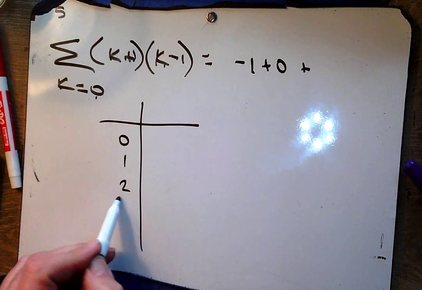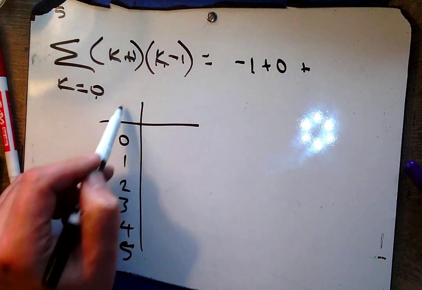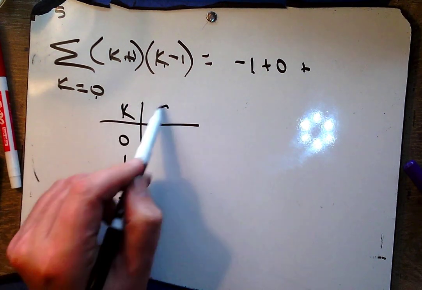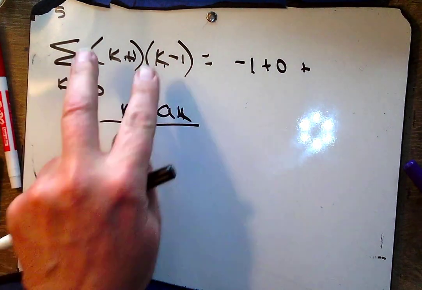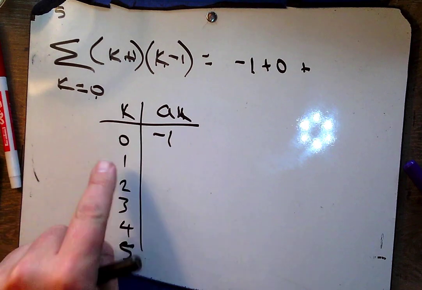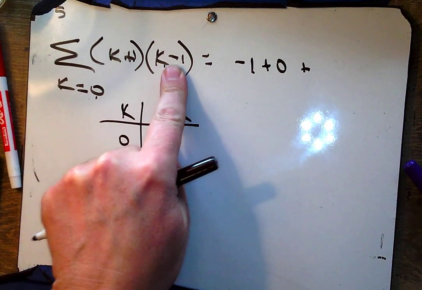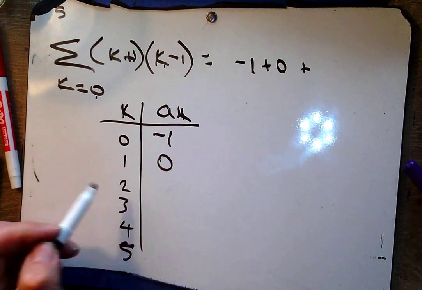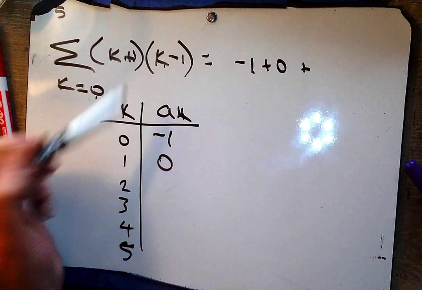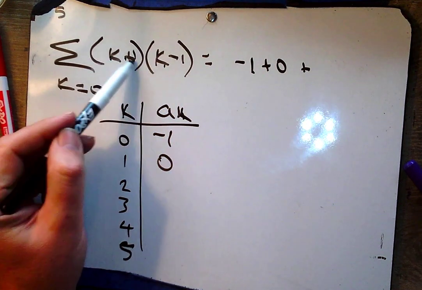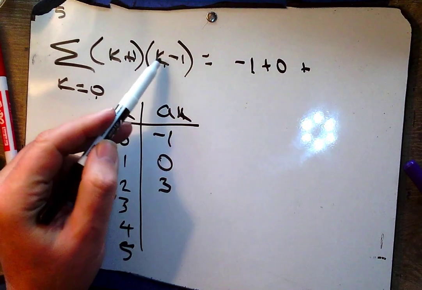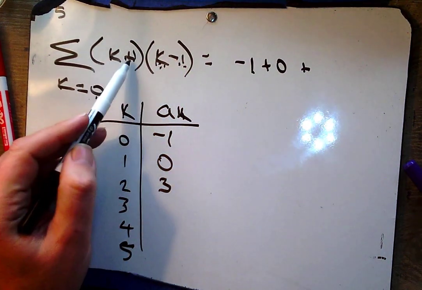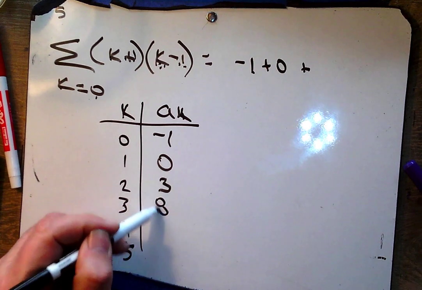In fact, why don't we just do this? 0, 1, 2, 3, 4, 5. These are k values, and a sub k. I plugged in a 0, I got negative 1. I plugged in a 1, 1 minus 1 is 0, so 0 times stuff is 0. I plug in a 2. 2 minus 1 is 1, 2 plus 1 is 3, 1 times 3 is 3. I plug in a 3, 3 minus 1 is 2, 3 plus 1 is 4, 4 times 2 is 8.